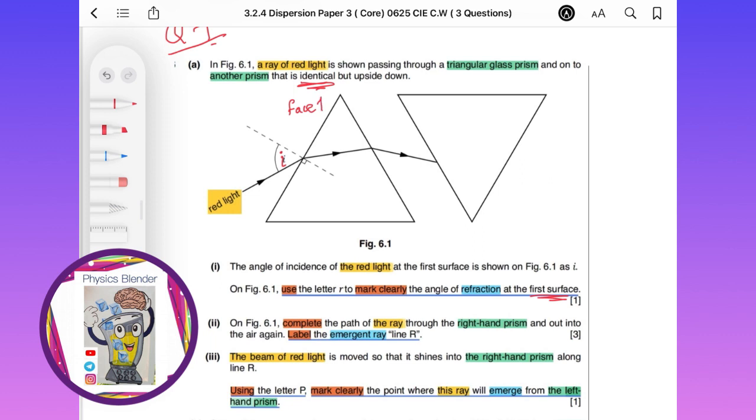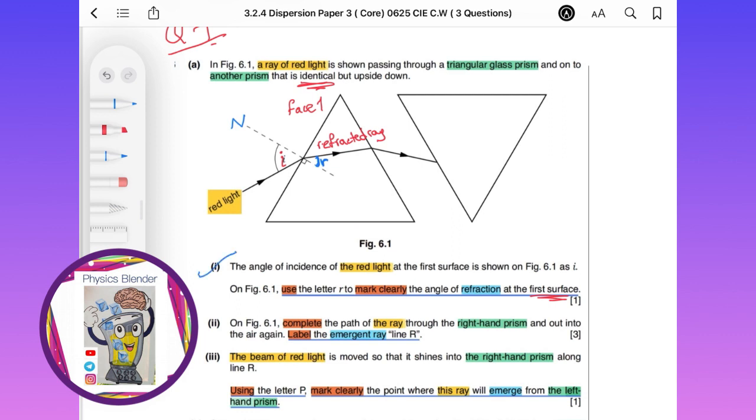So this is the refracted ray. The angle of refraction is the angle between the refracted ray and the normal. This is the normal, so this is the angle of refraction. So we are done with the first part.